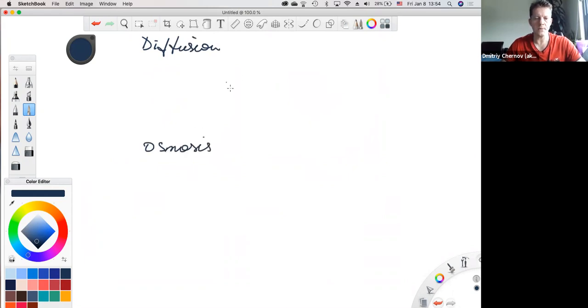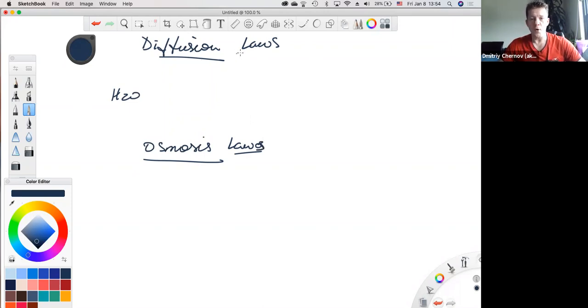So let's use simple terms, right? So diffusion, and we talk about water, right? Movement of water. Two laws: law of diffusion and law of osmosis.